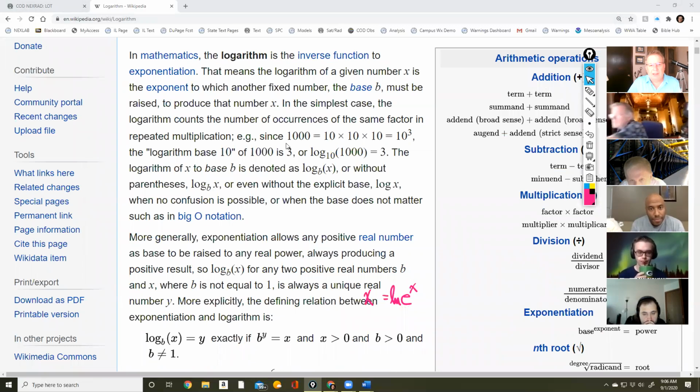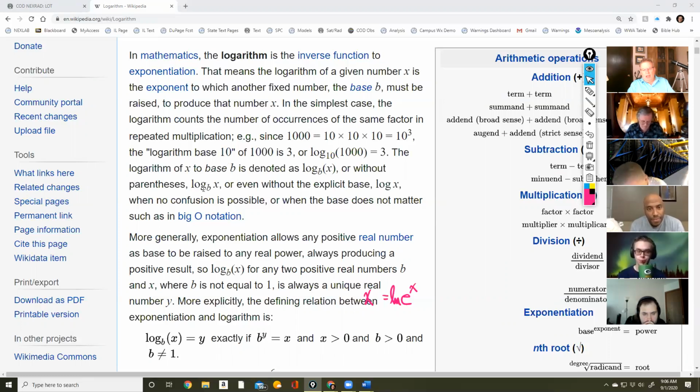It says, in the simplest case, the logarithm counts the number of occurrences of the same factor in repeated multiplication. The logarithm of x to base b is denoted as log base b of x. And you would do that without parentheses.